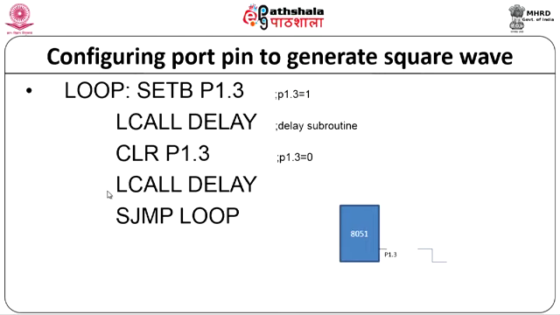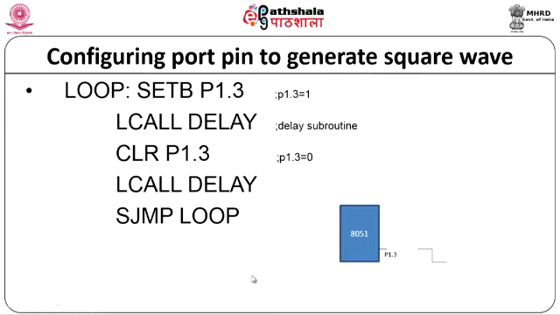This is an example code to generate a square wave with your 8051 port. First I will set P1.3, which means it is equal to 1.